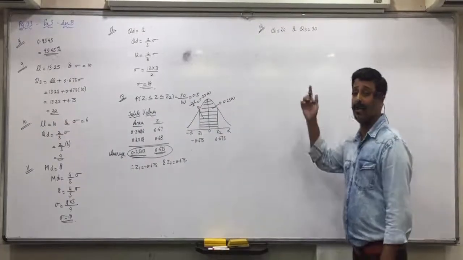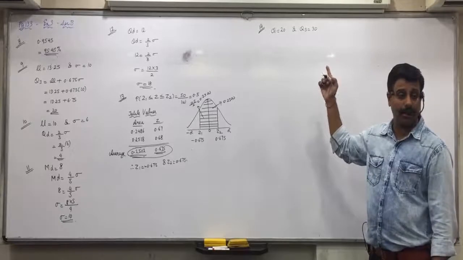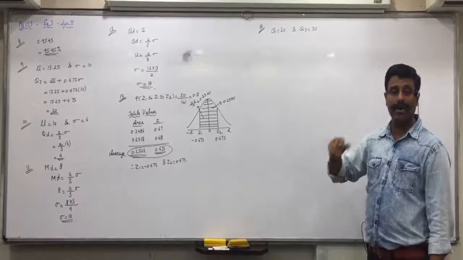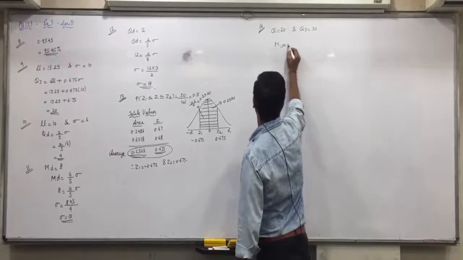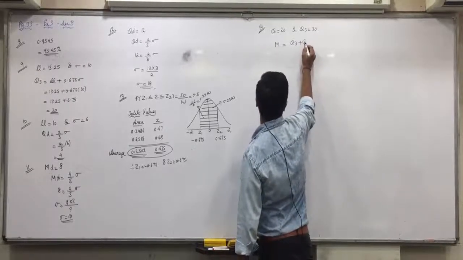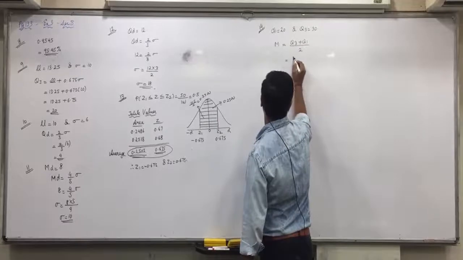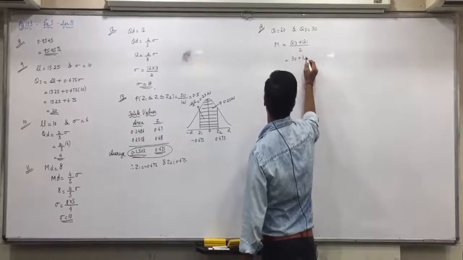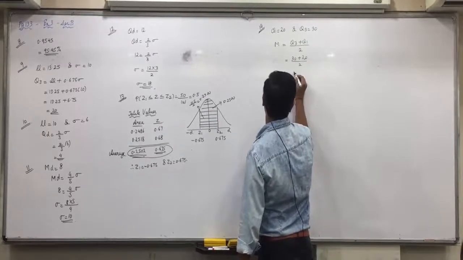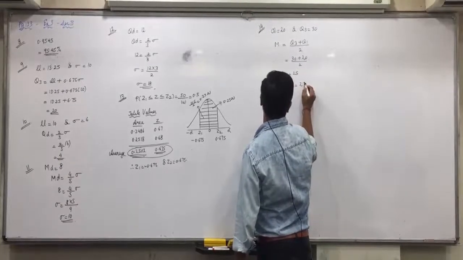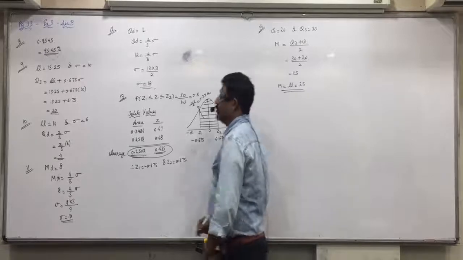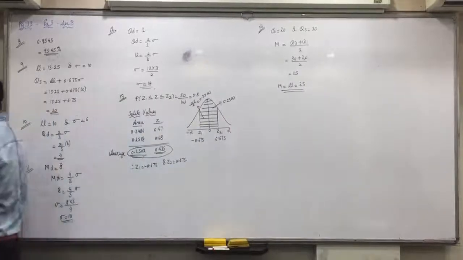So we find the median, Q3 plus Q1 divided by 2, using one of the properties, and that itself would be the mean. So median equals Q3 plus Q1 upon 2, 30 plus 20 upon 2, 25. Mean equals median. Did you understand this?